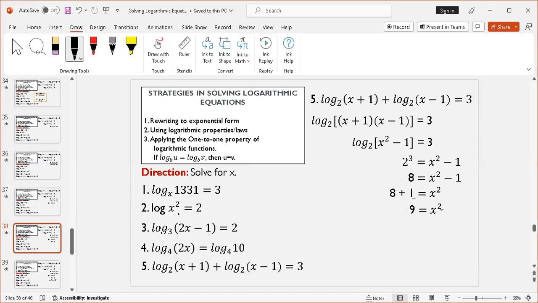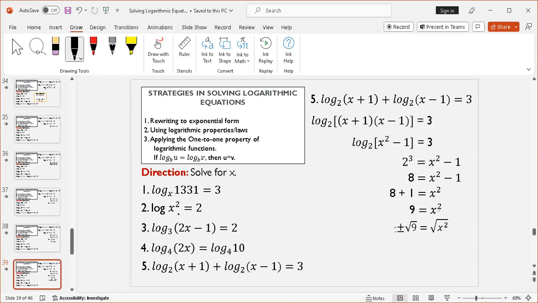We get the square root of both sides. Okay? Kung ano yung exponent ng variable, yun din dapat yung maging index ng both sides or ng radical. Okay? So ngayon, meron ulit tayong positive and negative dito kasi nga yung exponent ni x ay even number. Okay?